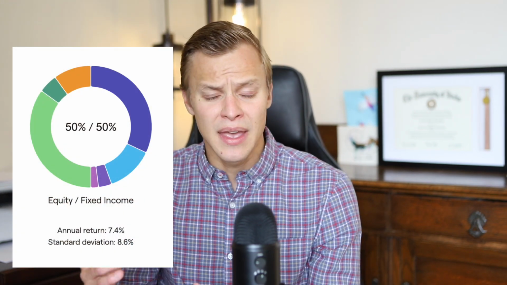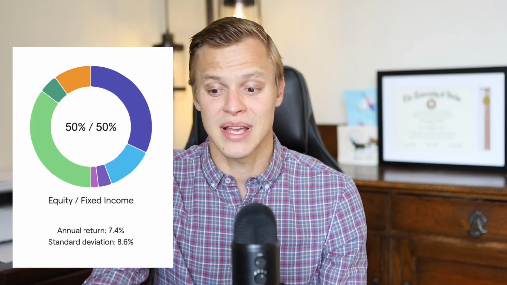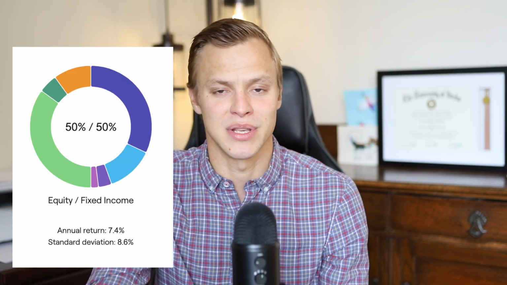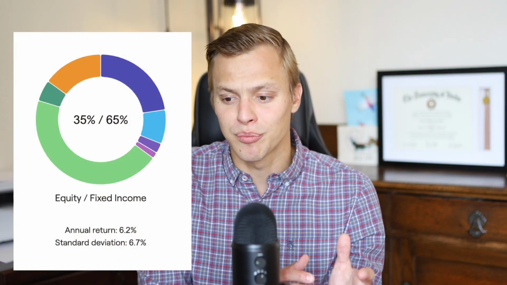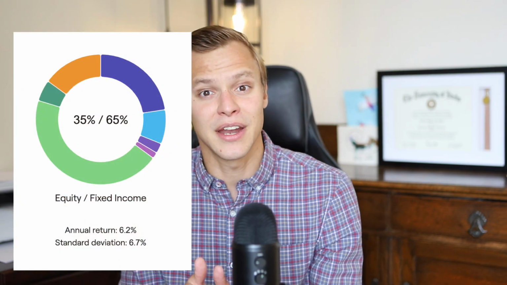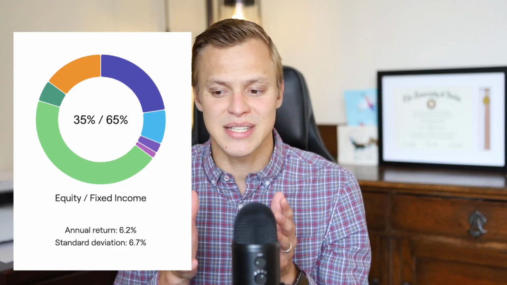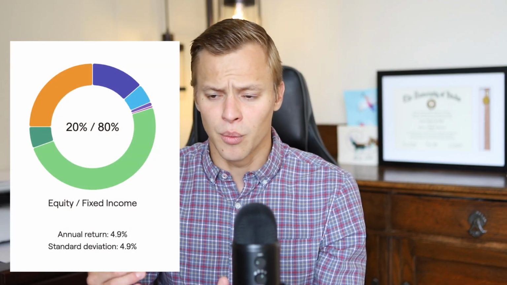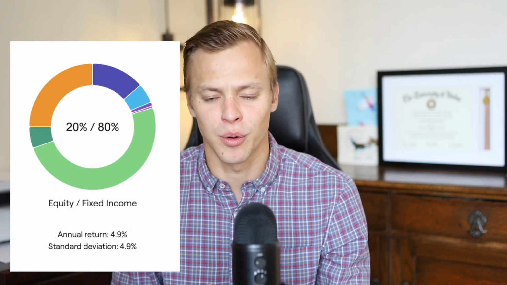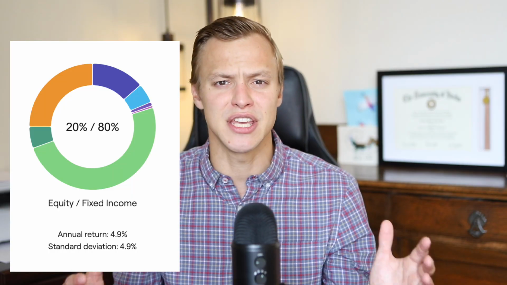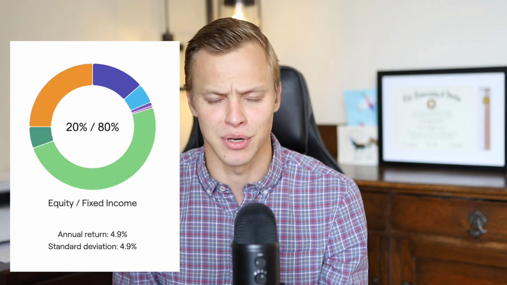Our balanced portfolio, a 50-50 portfolio, that annual return 7.4% and a standard deviation of 8.6%. And our conservative portfolio, a hypothetical annual return of 6.2% with a standard deviation of 6.7%. And finally, that preservation portfolio with a hypothetical annual return of 4.9% and a standard deviation of 4.9%.